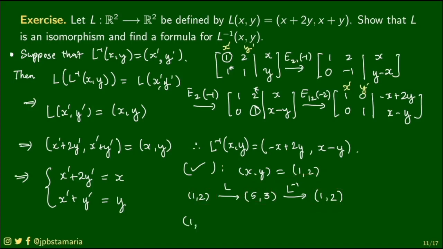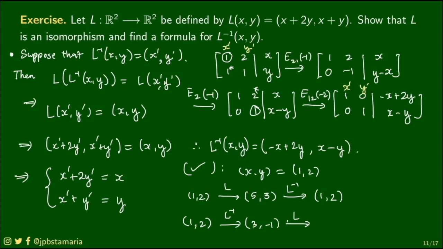If you apply L inverse first using this formula, that's minus x plus 2y, minus 1 plus 4, that's 3. Then x minus y is negative 1. If I now apply L, you see L will undo L inverse.